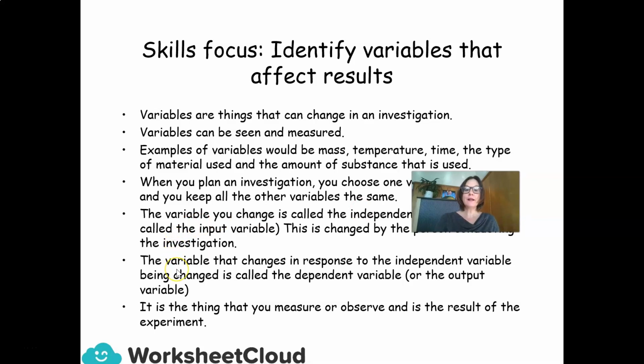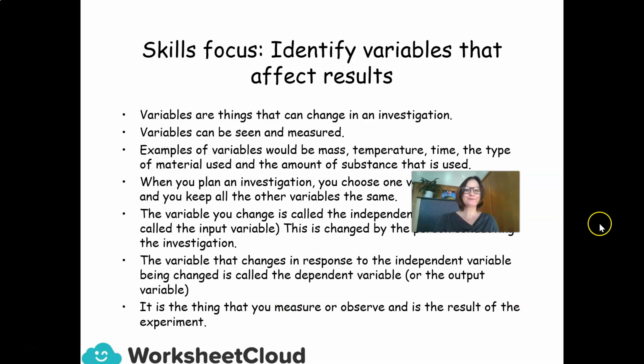The variable that changes in response to the independent variable being changed is called the dependent variable or the output. So the input is the independent, the output is the dependent. It is the thing that you measure or observe and is the result of the experiment.